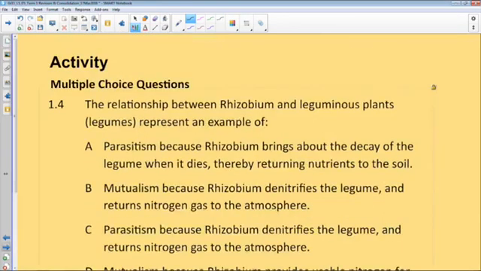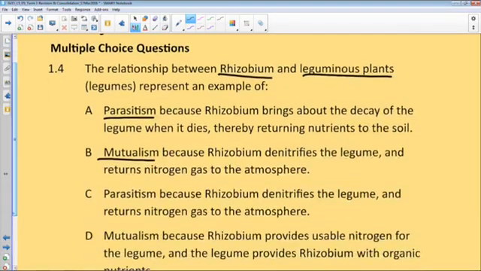Next question, 1.4. The relationship between rhizobium and leguminous plants, in brackets legumes, represents an example of: A, parasitism because rhizobium brings about the decay of the legume when it dies, thereby returning the nutrients to the soil, or B, mutualism because rhizobium denitrifies the legume and returns nitrogen gas to the atmosphere.